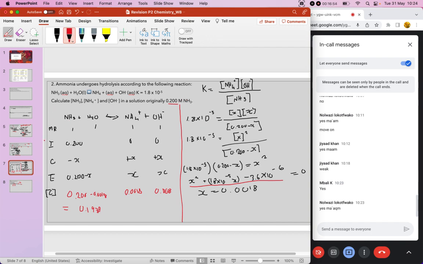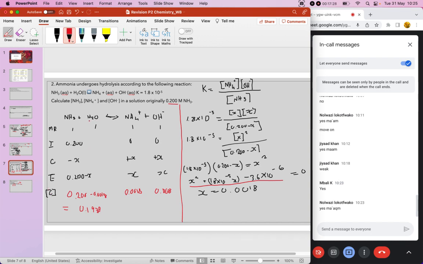What we're going to do is go back to our table. You write your balanced chemical equation. That's the first step. Make sure that your equation is balanced. The first row is your mole ratio, and the mole ratio of this reaction is going to be 1:1:1:1. You have your initial number of moles, your change in number of moles, your equilibrium number of moles, and you have the concentration of the reactant and the product.